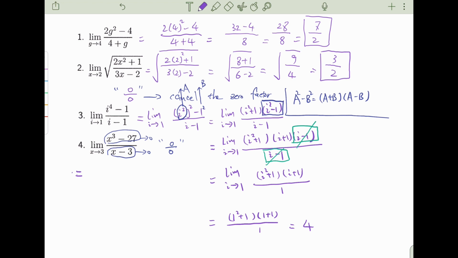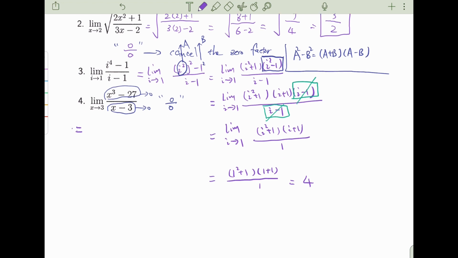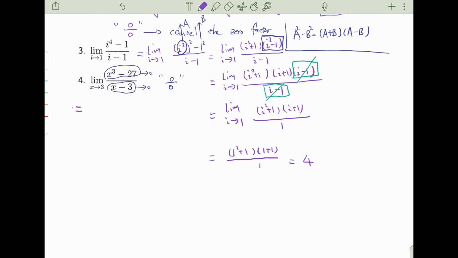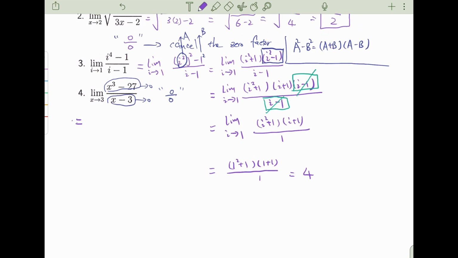But for this question, I am not using the difference of squares formula. Instead, I'm using something that is similar, called the difference of cubes formula. The difference of cubes formula looks like this: a cubed minus b cubed equals (a minus b) times (a squared plus ab plus b squared).